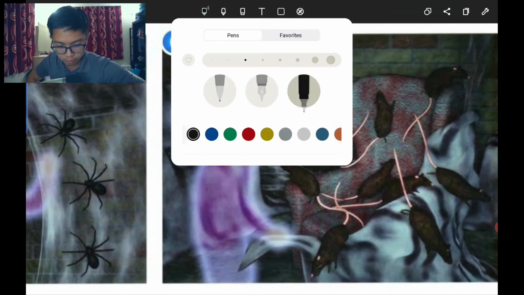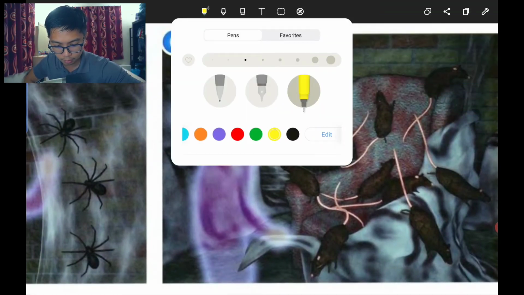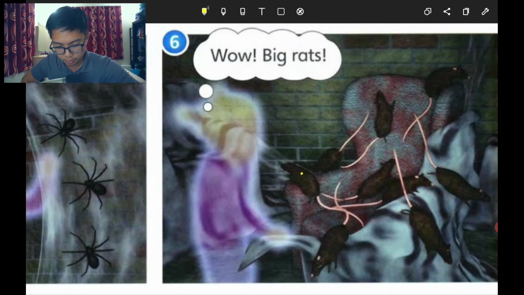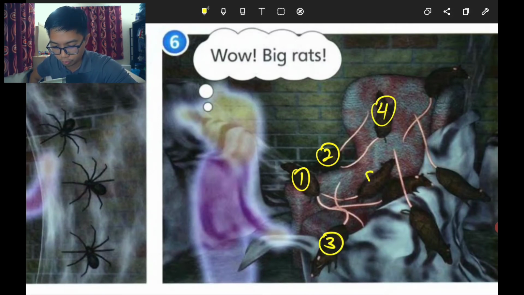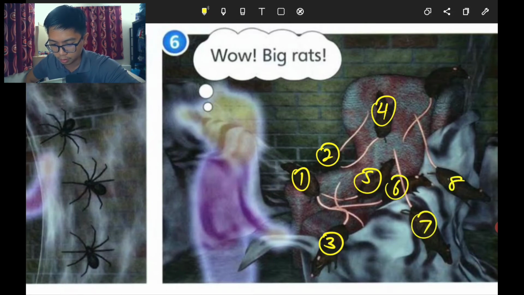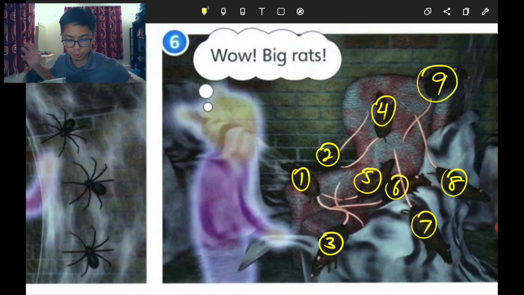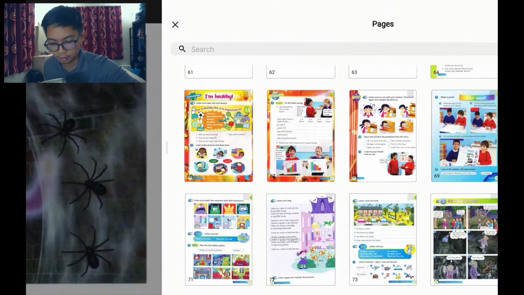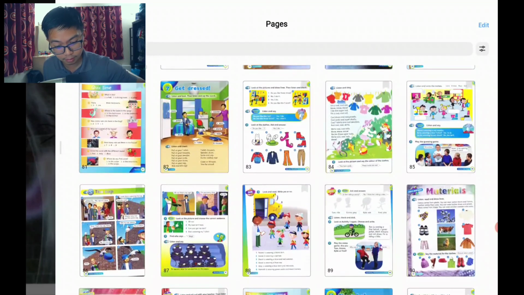Let me use bright pen. There's 1, 2 rats, 3, 4, 5, 6, 7, 8, and 9.